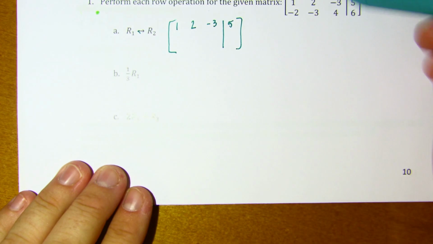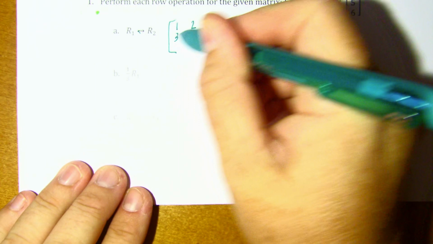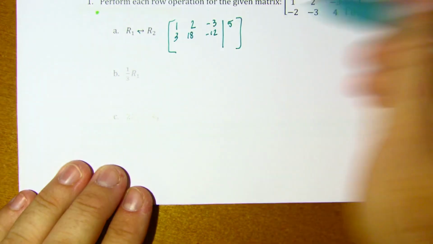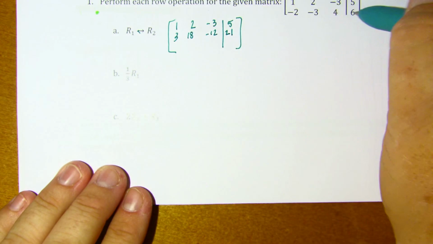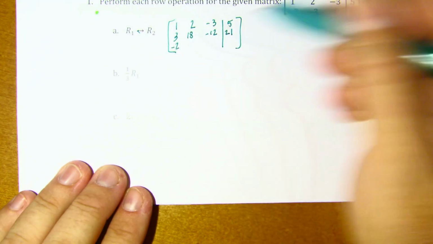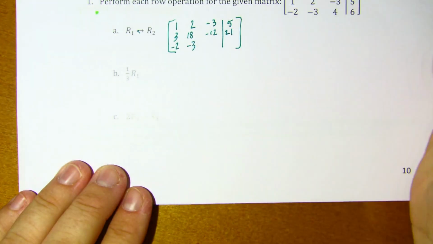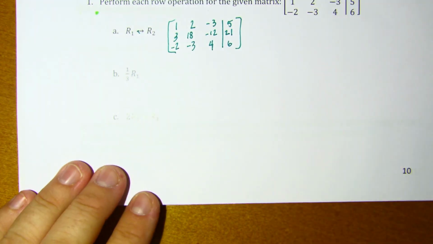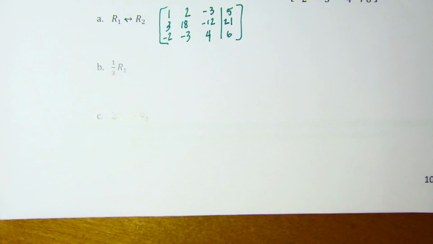So row 2 moves up to row 1, and then row 1 is going to move to row 2: 3, 18, -12, and 21. And then row 3 stayed exactly what it is. So it didn't move, didn't change, nothing like that. Right, so that is just switching 2 rows.